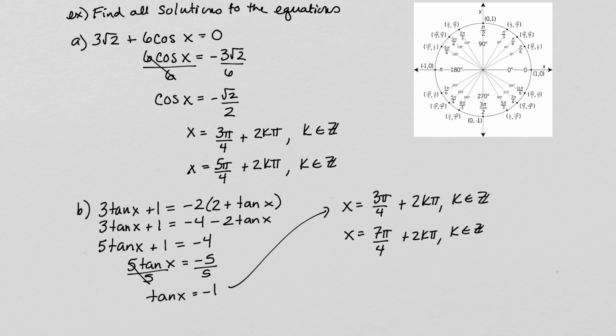And so Alex will take this answer. You just have to put both of them in. Alex might, on a tangent problem, say, hey, did you know you could be clever and write it as one thing? And you can only do this for the tangent. If you think about the tangent, I have 3 pi over 4 here, and 7 pi over 4 here.